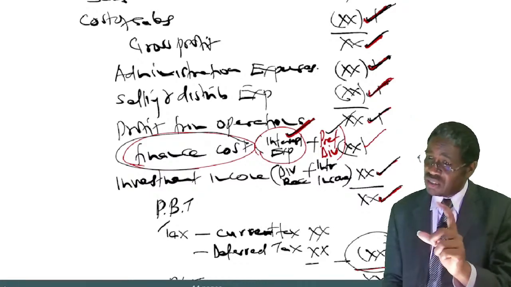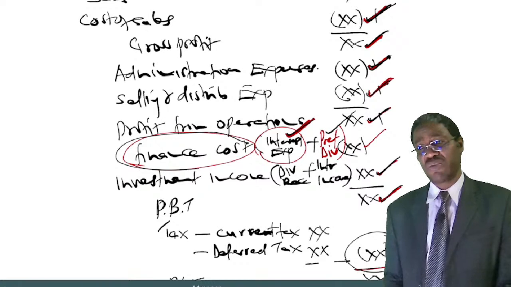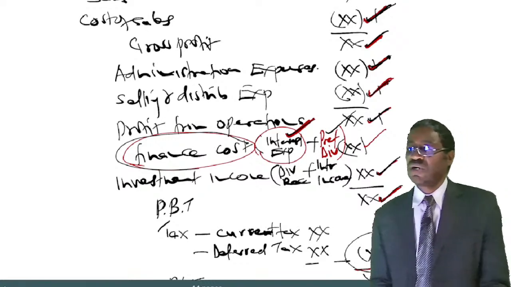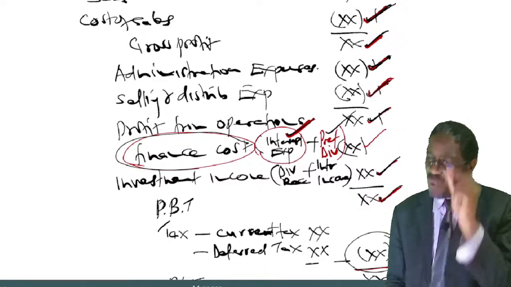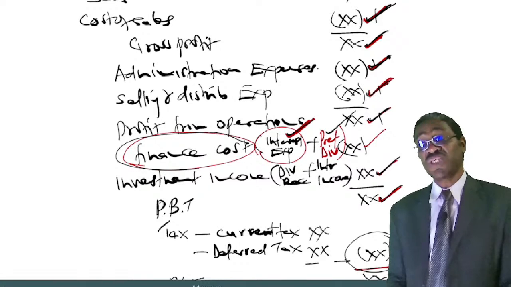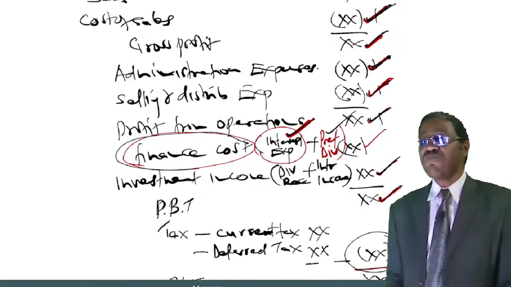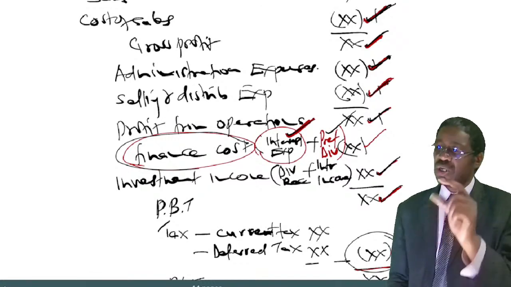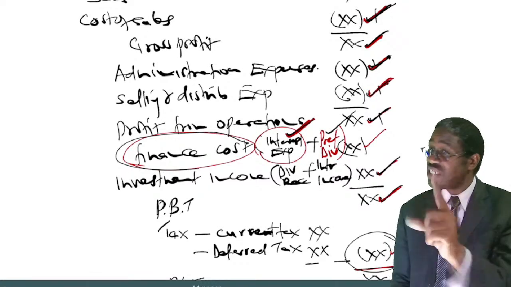But we said it's not just on any preference shares. I hope you still remember. We said for preference dividends, the ones that should be considered as a finance cost are the dividends on redeemable preference shares, not non-redeemable.